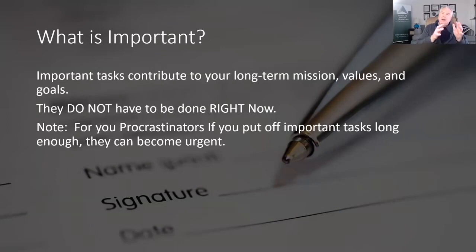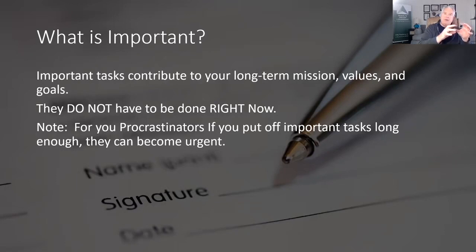Important tasks contribute to the long-term mission success of your organization. That's what's important. Now, this is a very important distinction: if you are aligned with your organization on the vision and mission and what our strategies are, then your own planning and to-do list around big important contributions for you to be making, your team to be completing within the organization, that's the important stuff.